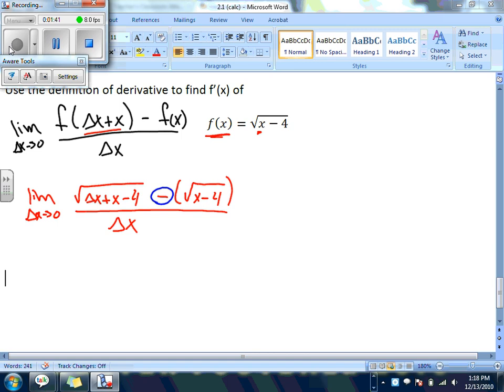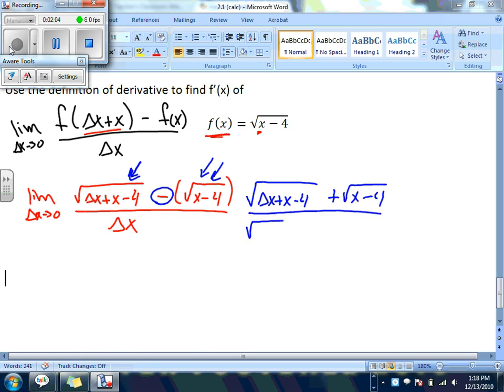The reason we did that is it would make this the difference of perfect squares, which end up being this term squared minus this term squared. So what we're going to multiply by is the square root of change of x plus x minus 4 plus the square root of x minus 4. We're going to do the same thing to the bottom, so that we're multiplying by 1. We're not changing the value of anything, we're just manipulating a little bit.